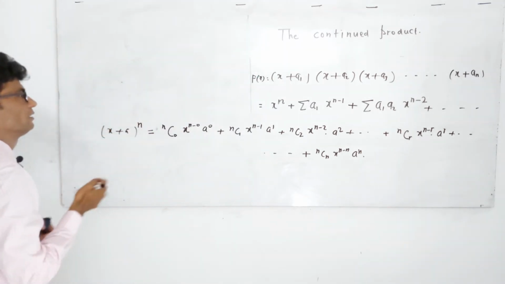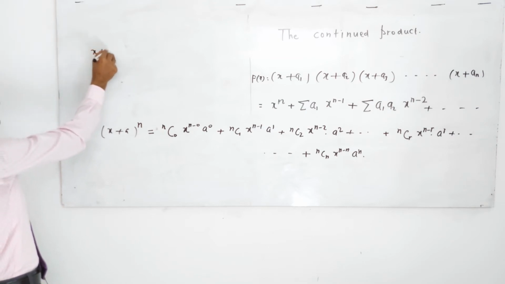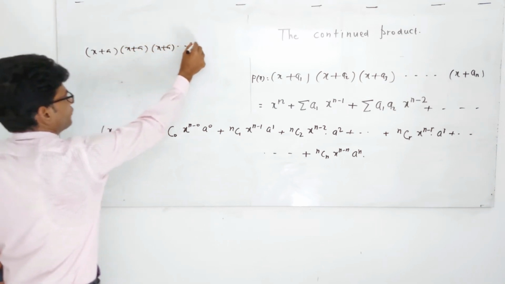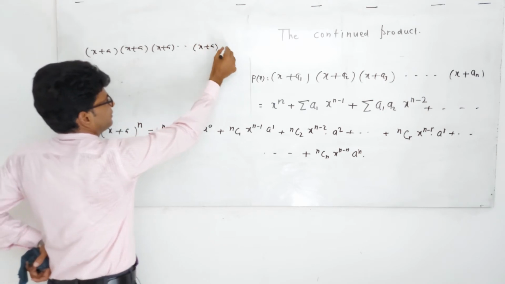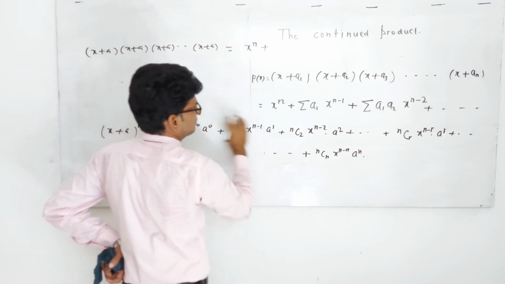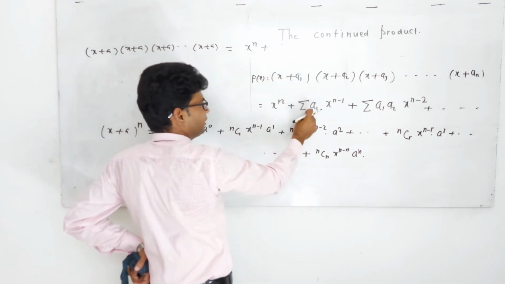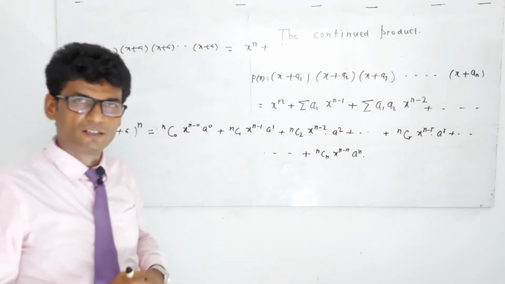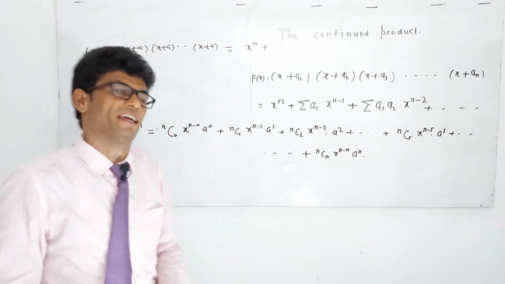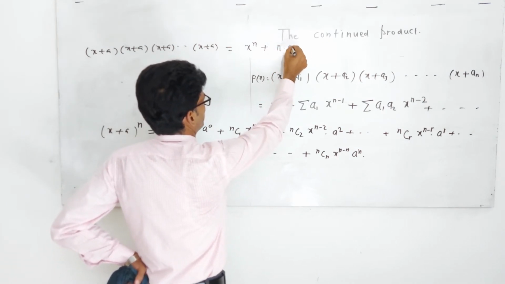Look at. So here on the left hand side is x plus a, x plus a, x plus a, and so on and so forth, x plus a. On the right, this is x to the power of n plus (a1 + a2 + a3 + ... + an) x to the power of n minus 1. So all are a, so it becomes na, n into a.